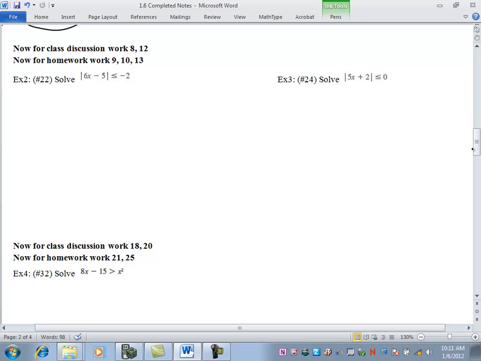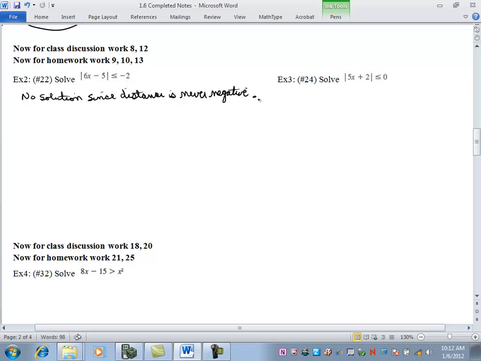Now, a couple of trick ones here as we review how to work an absolute value inequality. Here, this is actually going to have no solution since distance, which is what absolute value really is, is never negative.